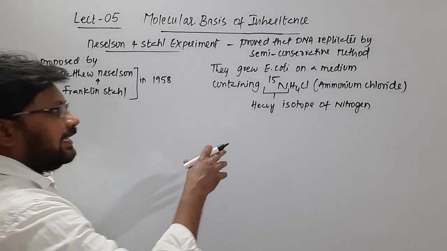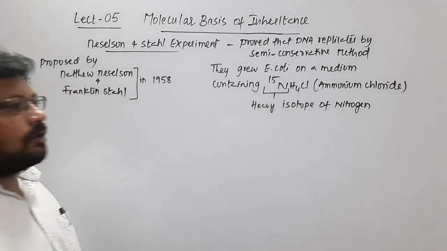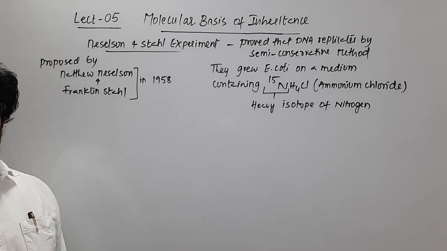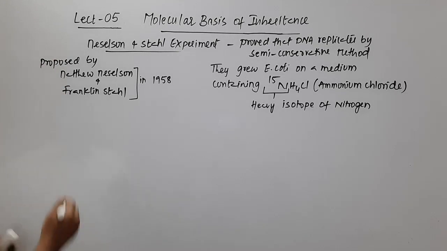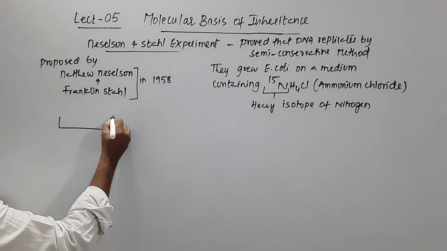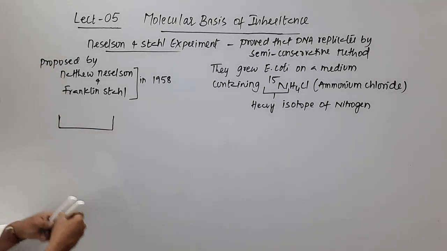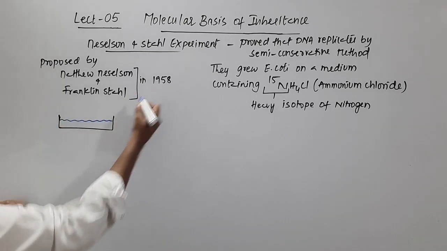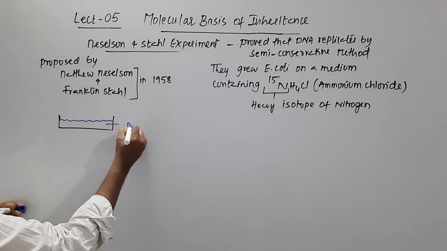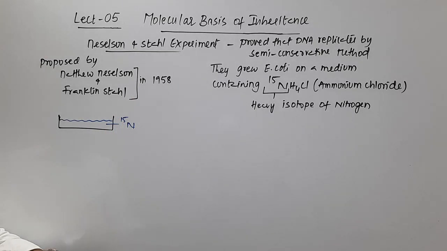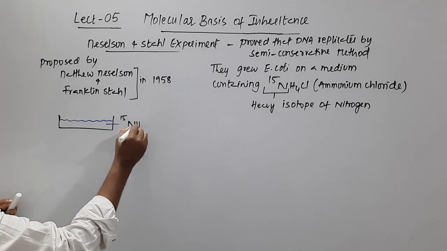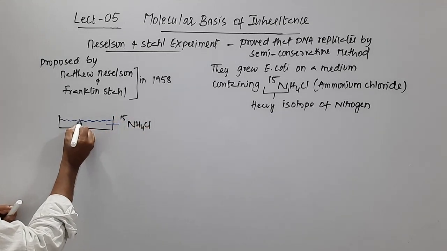What they did is grow this E. coli on a medium that has N15H4Cl for several generations. So let's see here, in a petri dish, this is the nutrient medium, and it contains N15H4Cl.